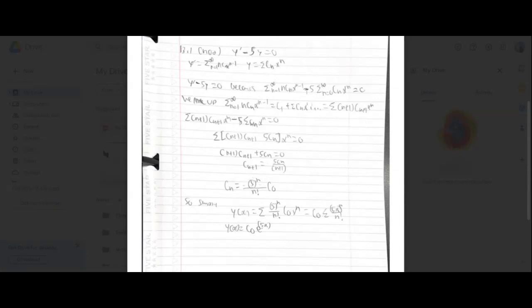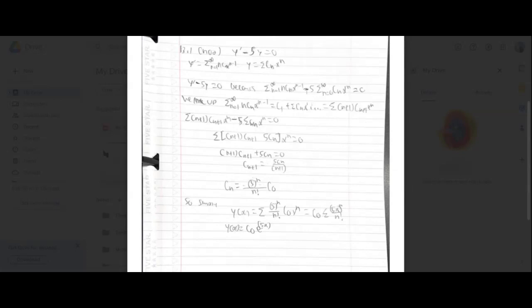I didn't really do the solving for c of 0 consistently. I just knew it was 5 to the n power over n factorial times c of 0. Then simply putting it into y of x, it becomes the summation of 5 to the n over n factorial times c of 0 times x to the n.